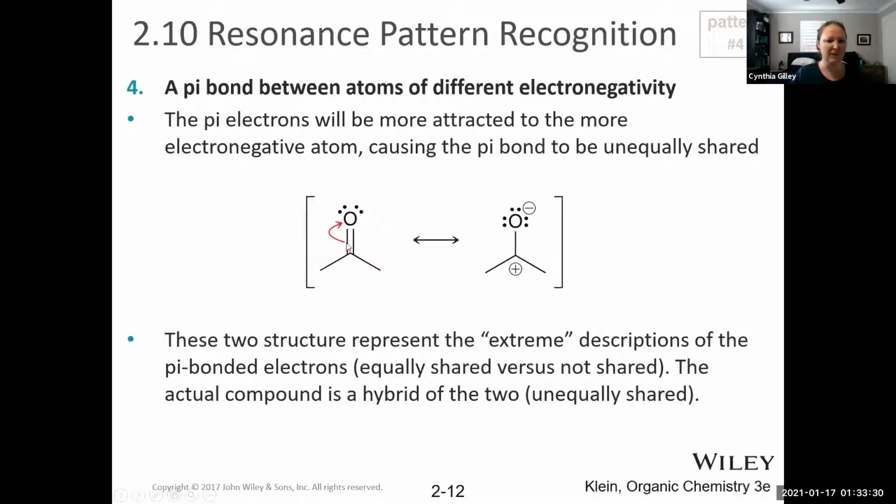We'll start on the pi bond and move the electrons to the more electronegative atom using an arrow, and we'll form a lone pair on that more electronegative atom, generating the second contributor.